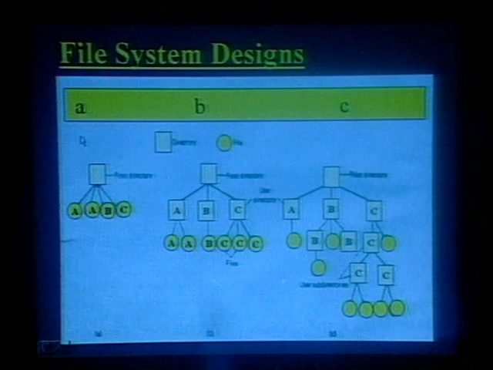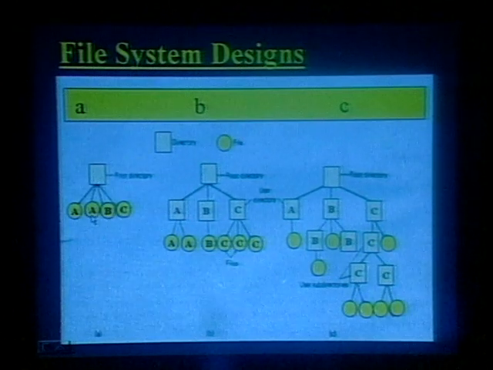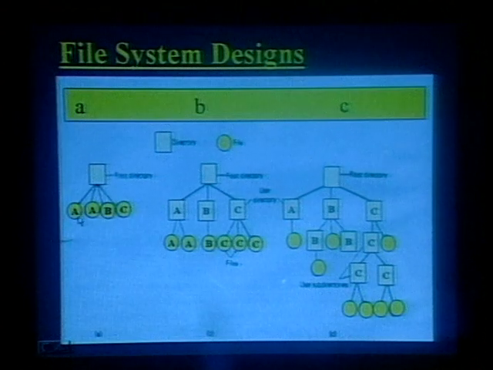How we organize files in a directory, there are a number of alternatives available. We'll discuss three here. In this diagram we see system design A, in which we have a root directory, and all the users A, B, C have their files in the same root directory.